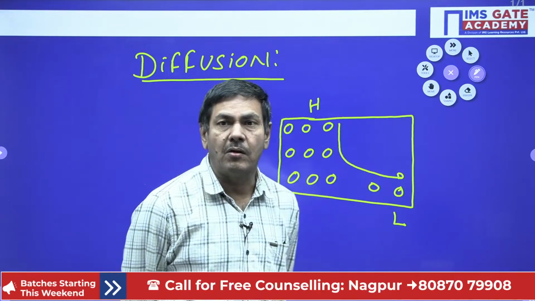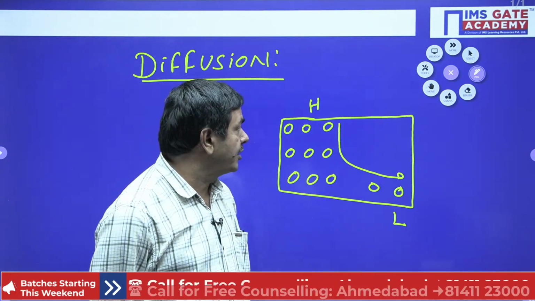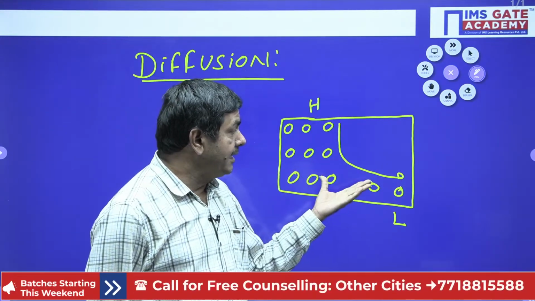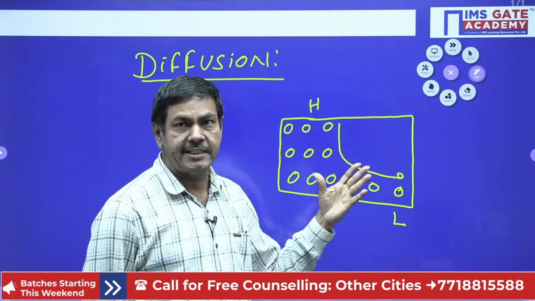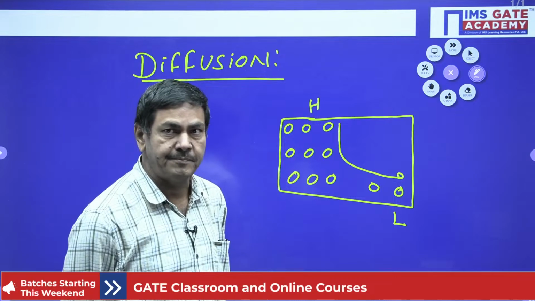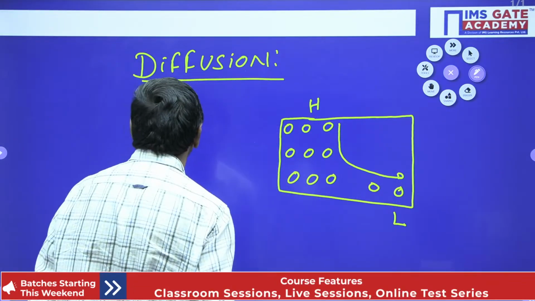But how long is the mechanism of diffusion going to take place in this material? Until the concentration on both sides is equal. Up to that extent, it is going to take place in this semiconducting material. Understand my point now? So how can we define this diffusion?